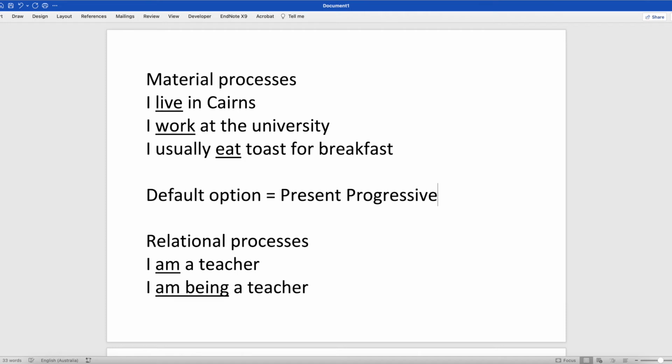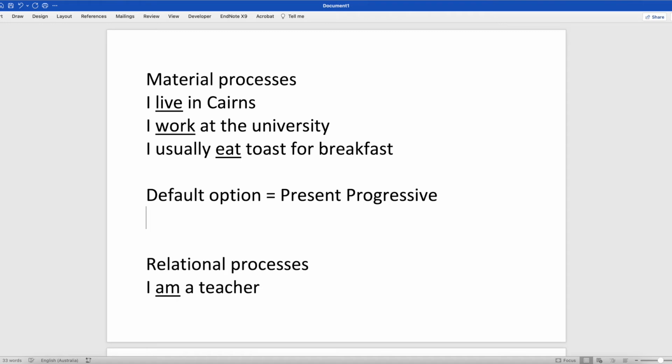For material processes, in other words, processes of doing, actions and events that construe doing, the default option is the present progressive, as in I am eating, I am working, and so on. And why is that the default option? It's because we most often use it, we use it more commonly.